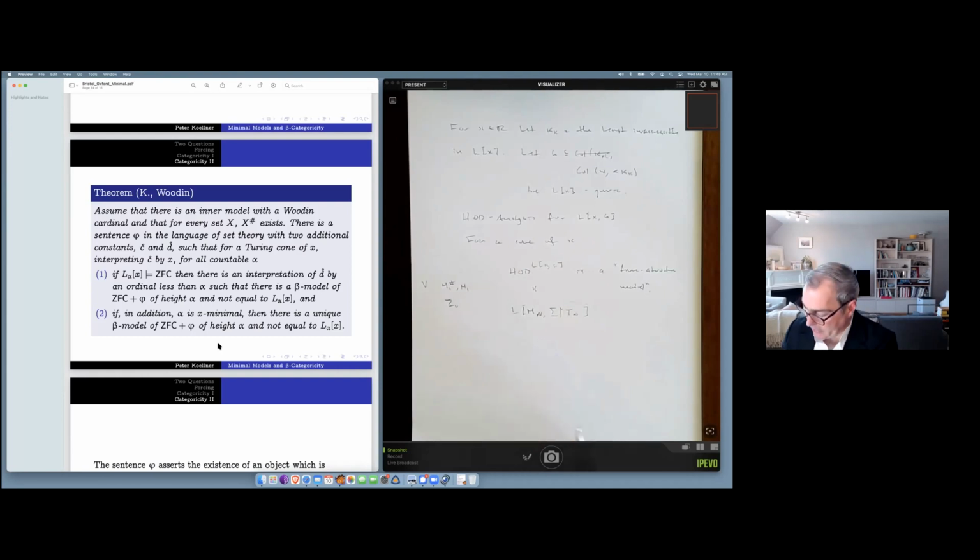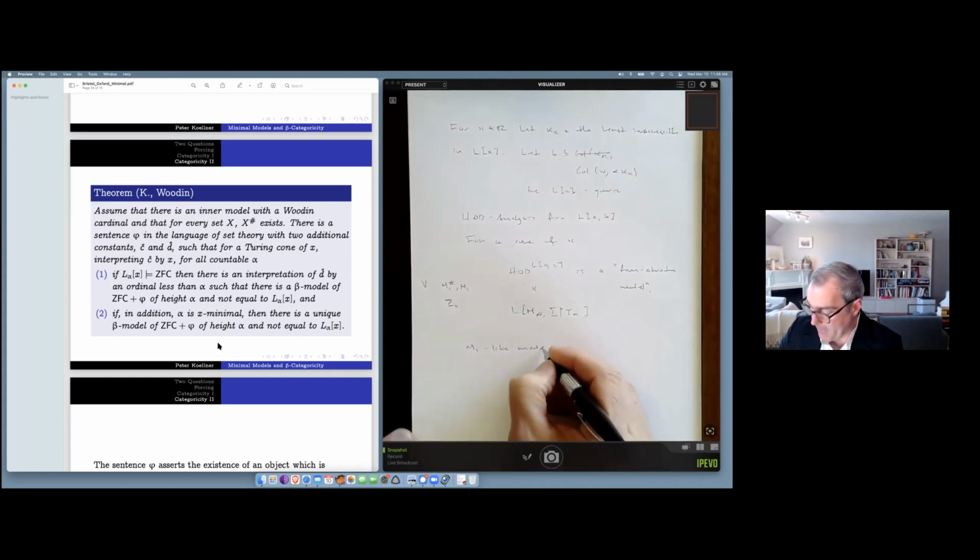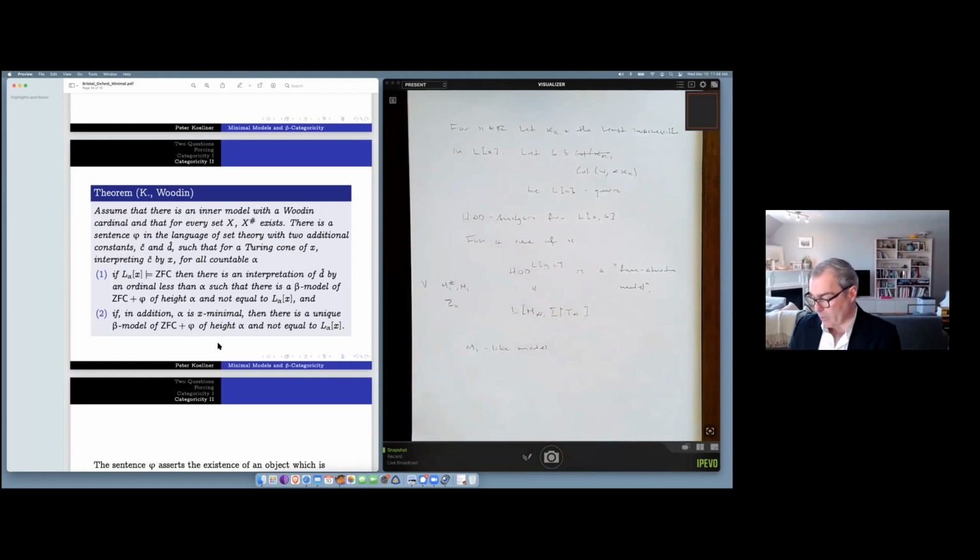And so this motivates the notion of an M1-like model. And an M1-like model is this.